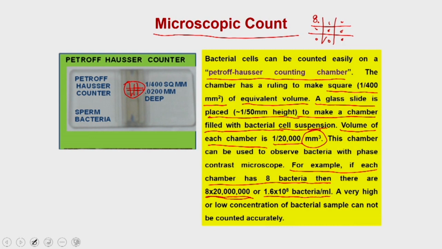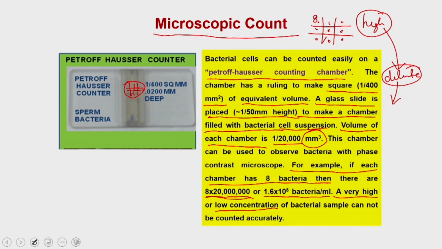If you have a very high number or a very low number, there is a chance that your counting may not be correct. In those cases, if it is a very high number, you might have to dilute the bacteria, do a serial dilution, and use the diluted solution for counting.